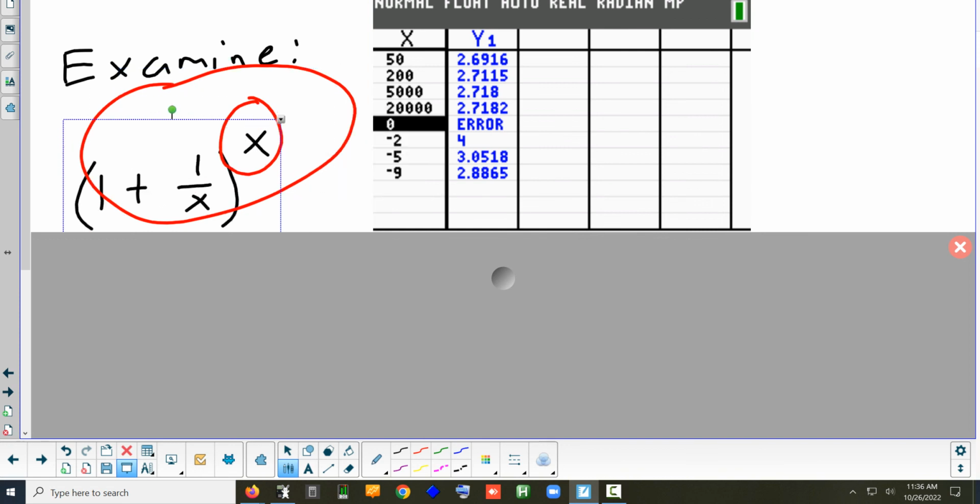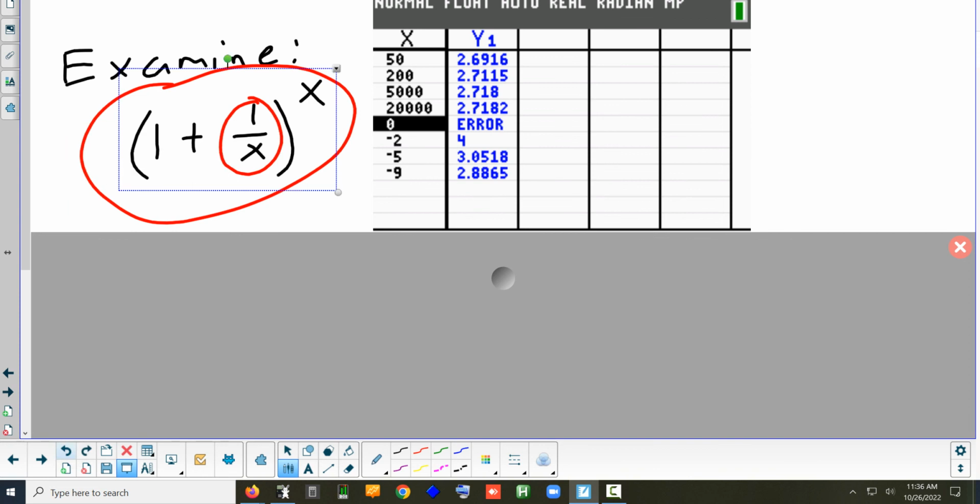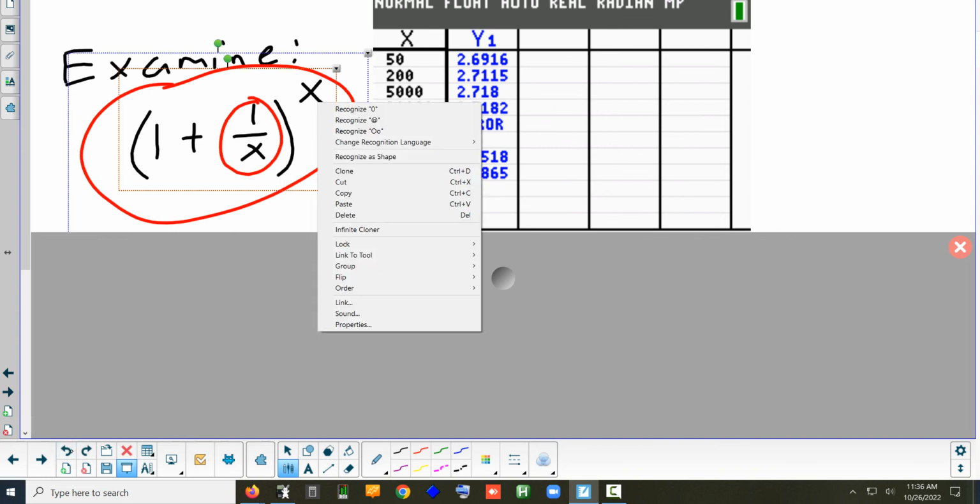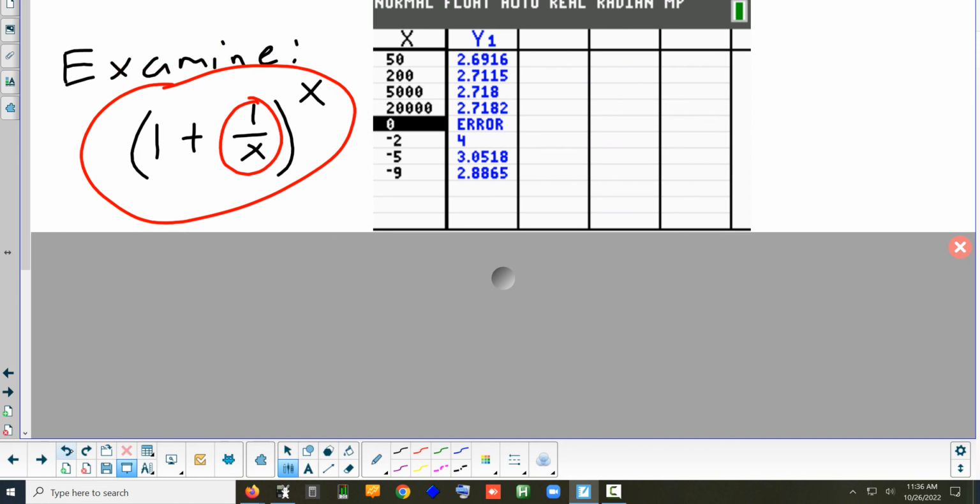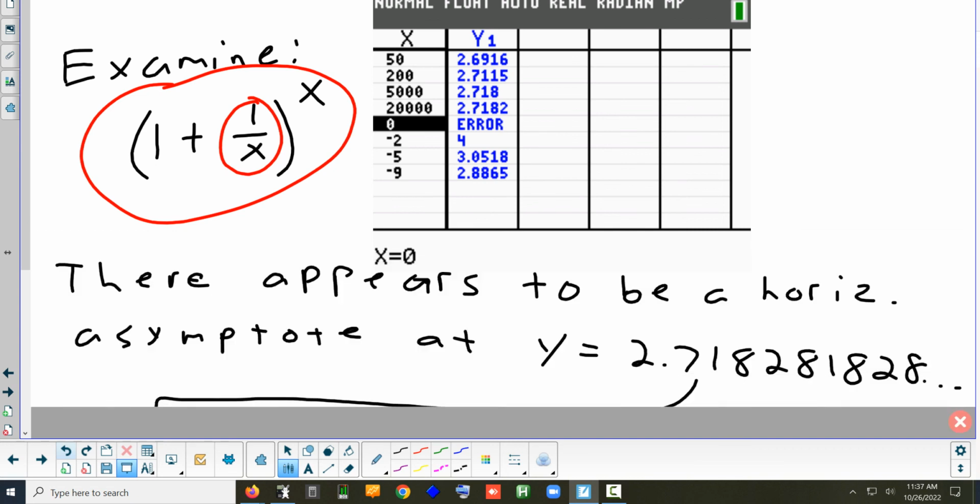So there's like a battle here between something getting infinitely small and an infinitely large power. What ends up happening is this gets very close to the number 2.718. And that's a special number that we use in math. We'll talk more about that number tomorrow.